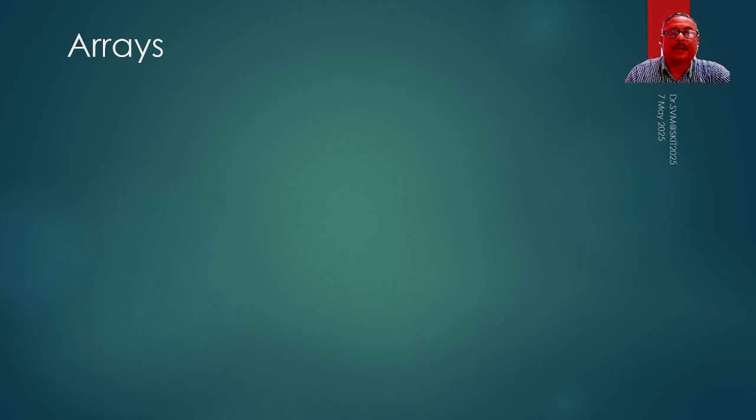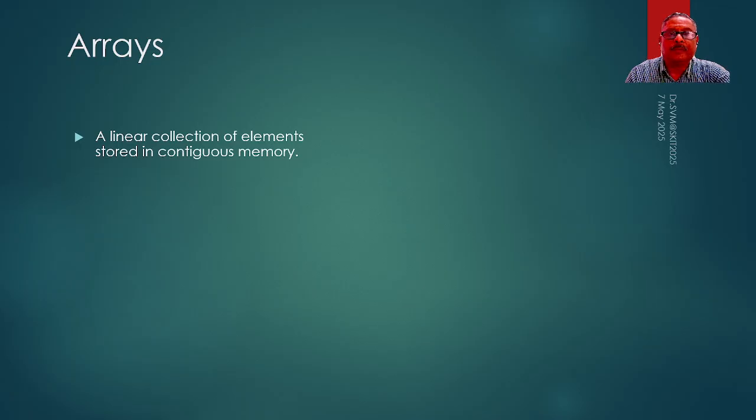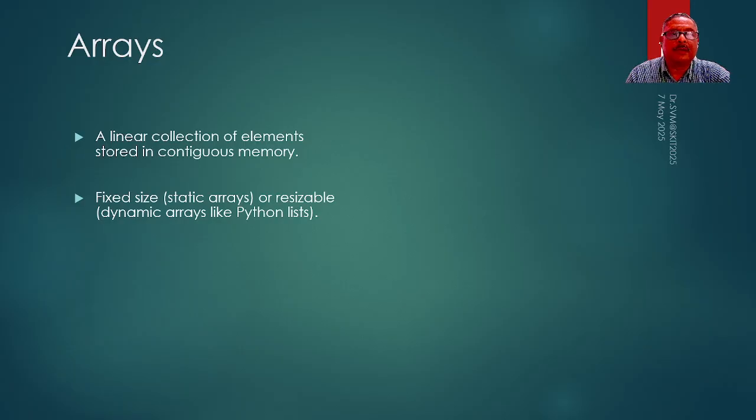So starting with an array. Array is a linear collection of elements stored in contiguous memory locations. There are basically two types of arrays. In the olden languages, we had static arrays, which had a fixed size, or later new languages like Python introduced resizable or dynamic arrays.